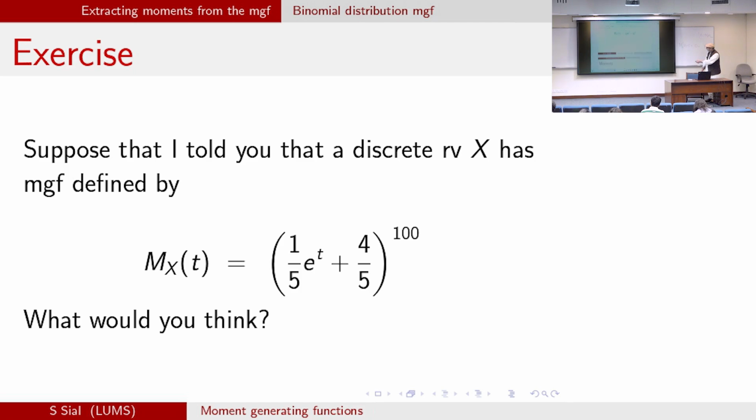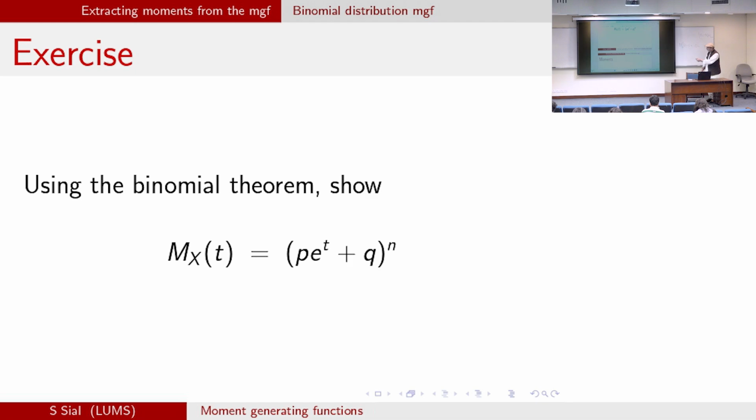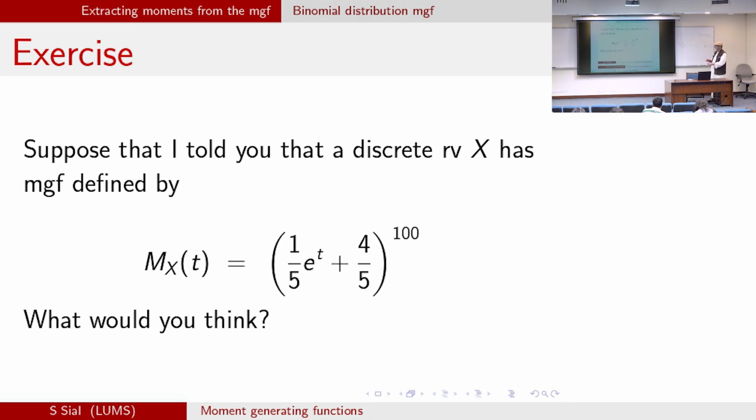If I had a binomial random variable with parameters n equals 100 and p equals 1/5, and I calculated its MGF, I would get this MGF. So I might suspect that x is the binomial random variable with parameter p equals 1/5 and n equals 100.